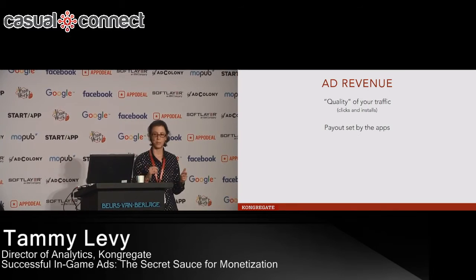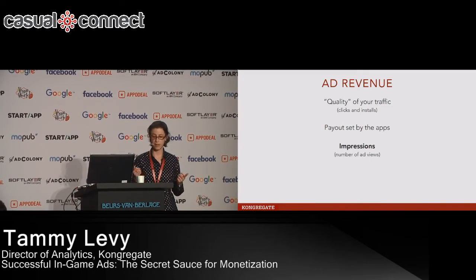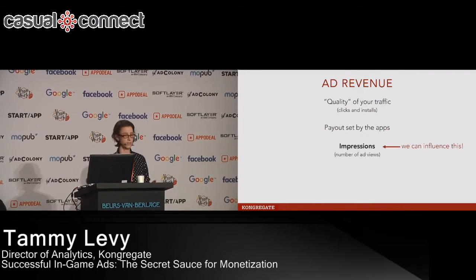Then we have the payout set by these apps. This is how much, say, a game like Clash of Clans is willing to pay to advertise in your game. Again, we can't really influence this. The last piece is the number of ad views or impressions. The great news here is that this we can influence, and this is what I'll be focusing on today.